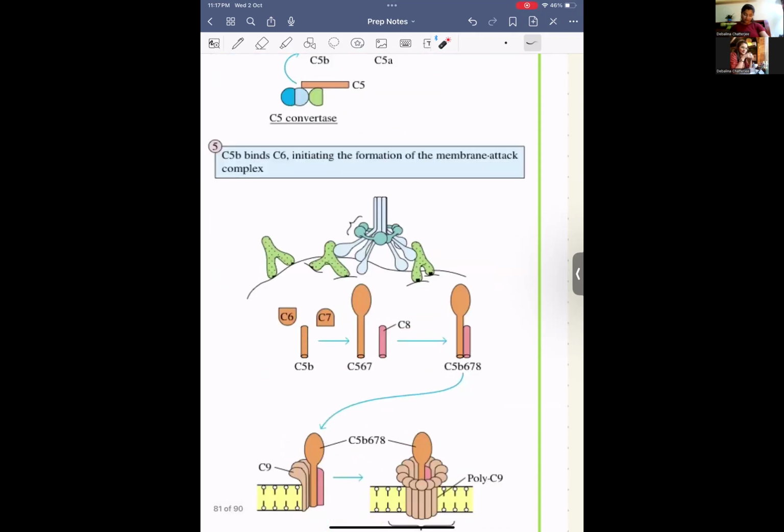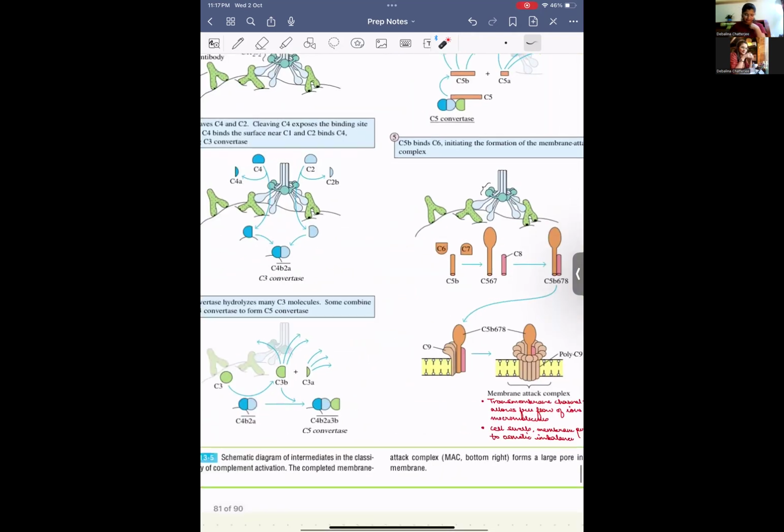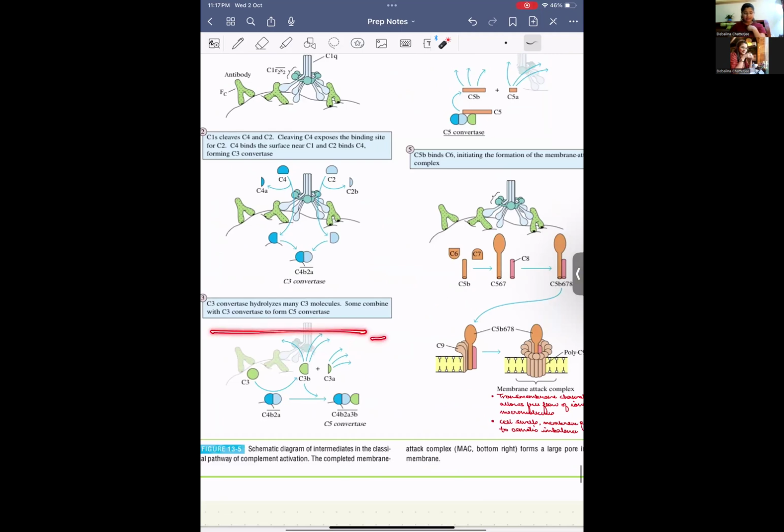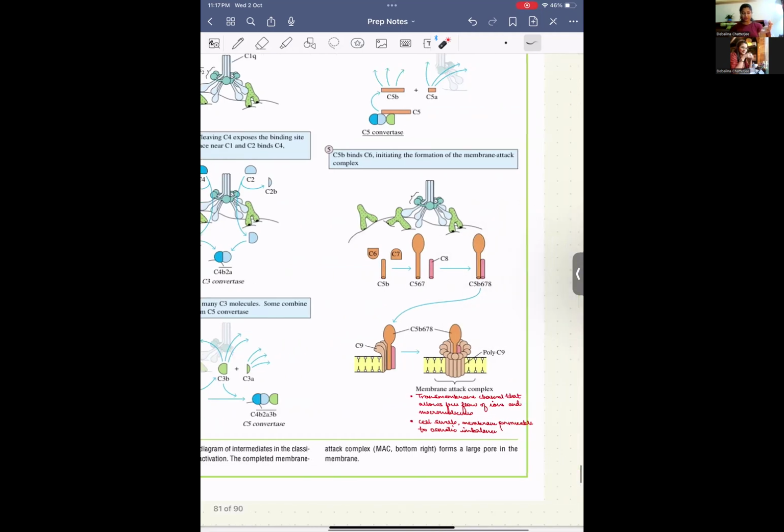The C8 joining allows multiple C9 molecules to attach onto the sides of this C5b678. You have to remember the flow of it, and that only can make it easier for you to understand what is joined by what. The good part is that the story from here is the same for all the different pathways.